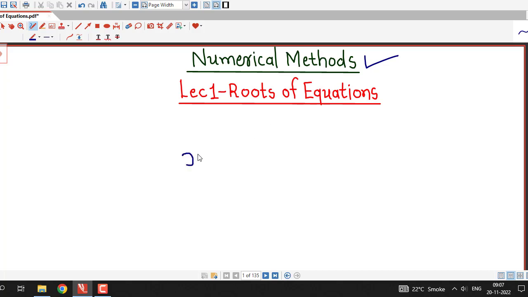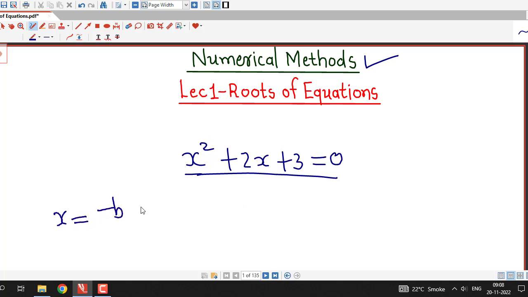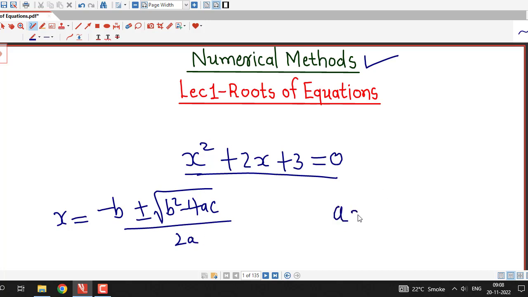We know that suppose we have this type of equation, say quadratic equation x square plus 2x plus 3 equal to 0, then we can find the value of x which satisfies this equation simply by that standard formula x equal to minus b plus or minus square root of b square minus 4ac divided by 2 times a, where a, b and c are these constant coefficients.